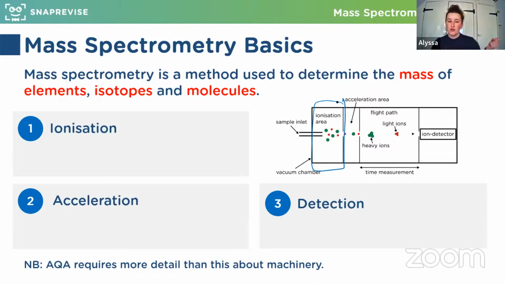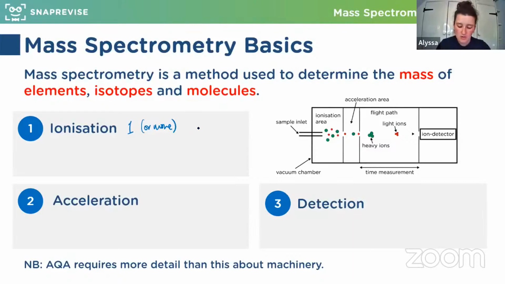We knock at least one electron off, and we end up with a positively charged molecule or ion or isotope, and then it can enter into the rest of the spectrometer. Very nice. So ionization: one or more electrons are knocked off. We can knock off more than one, but then you're getting quite unstable.